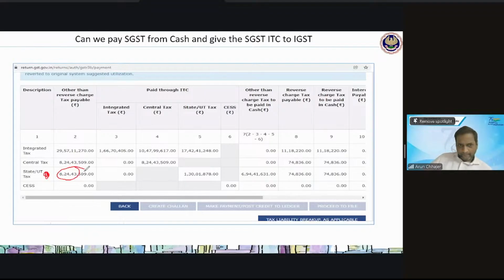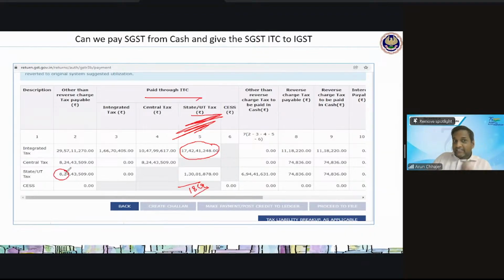This is the ITC. Try to see the SGST ITC has been given to S. They have almost 18 crore of ITC under the S, and the liability of S is only 8 crore.